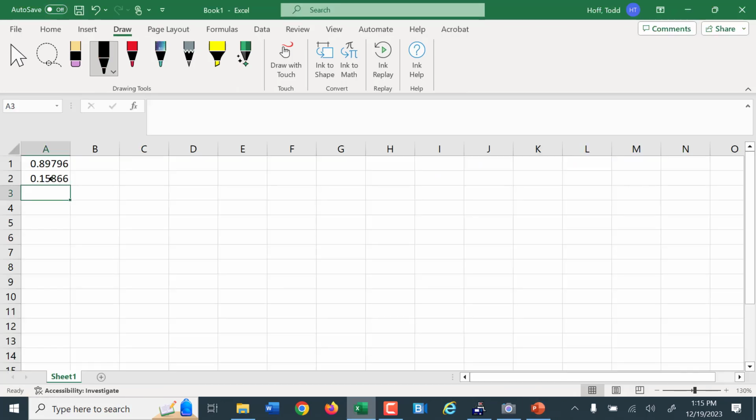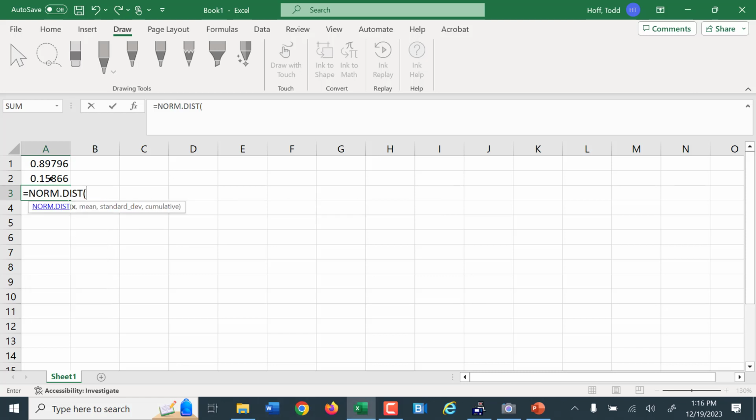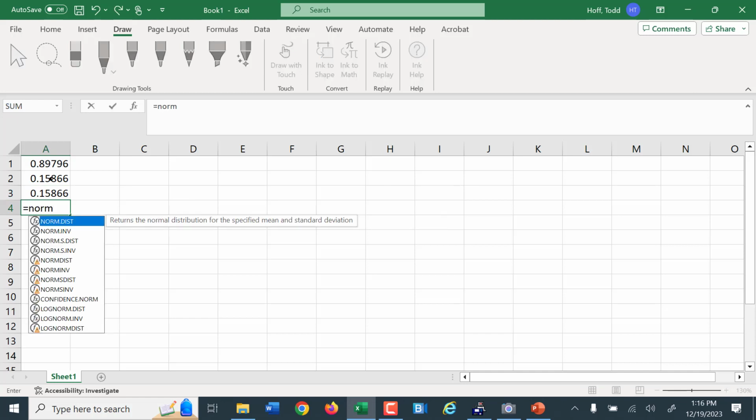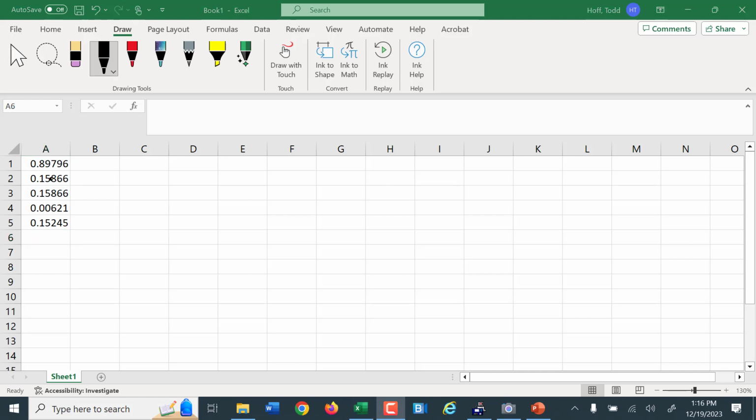Or we could use Excel. In Excel, we would have to use two functions, equals normal distribution. We're going to start out with the -1, which is just what we had calculated before, and do the -2.5, and then subtract those, equals this minus this, to give us the 0.1525.